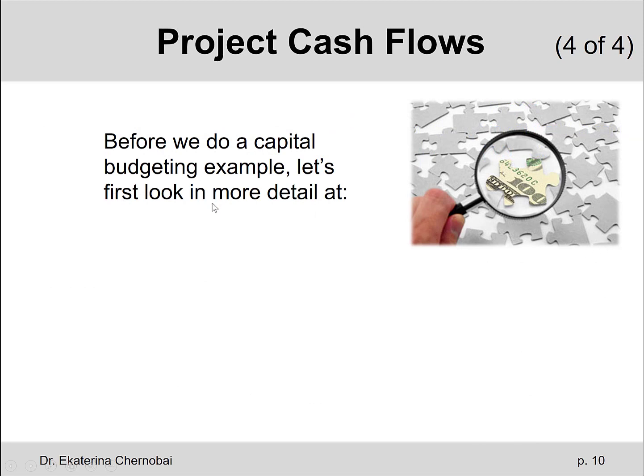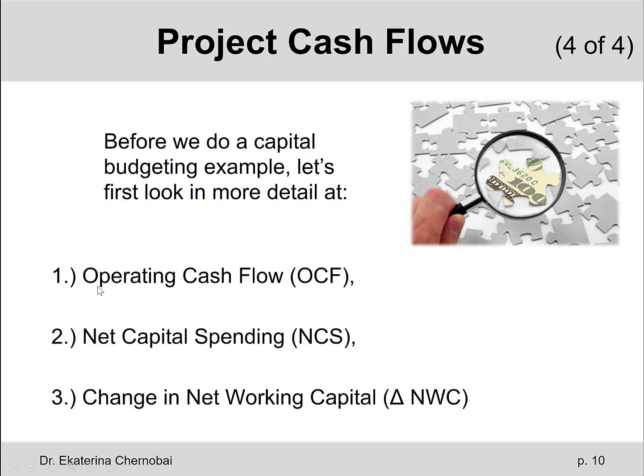Okay, before we do a couple of big net present value problems in which all of this new information will be put together, let's first look in more detail at the operating cash flow type cash flows. So cash flows that belong in this category. And what is the formula to find the operating cash flow, right?